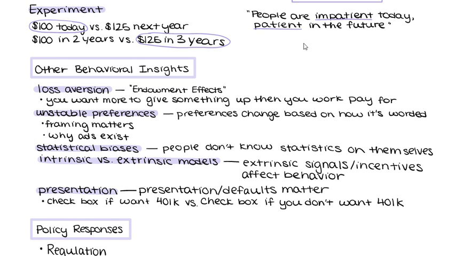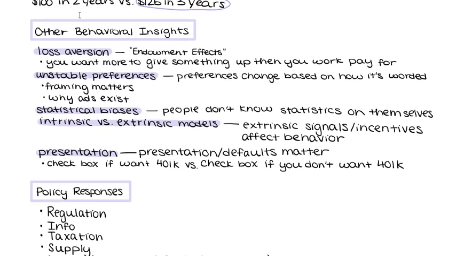Now we have other behavioral insights. First is loss aversion, which is the endowment effect. An experimental economist held a mug and did a wild experiment in Boston. They gave people a mug and asked how much they would pay for it.